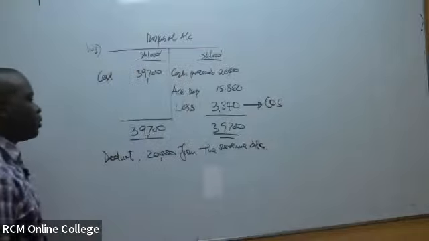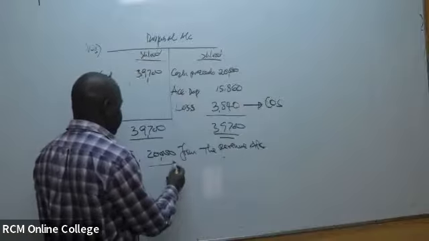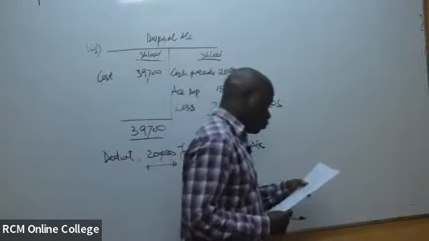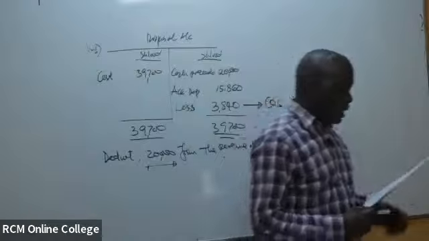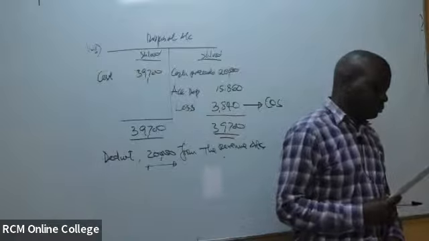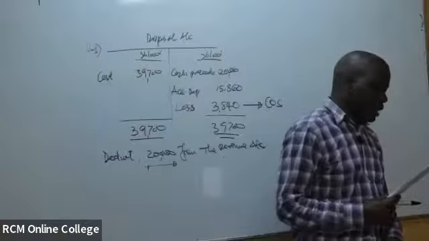So it means that when we'll be coming up with the statement of income, we'll have to remove this particular item, or these amounts, which are basically on the disposal of this particular item. So we'll have to remove it there.